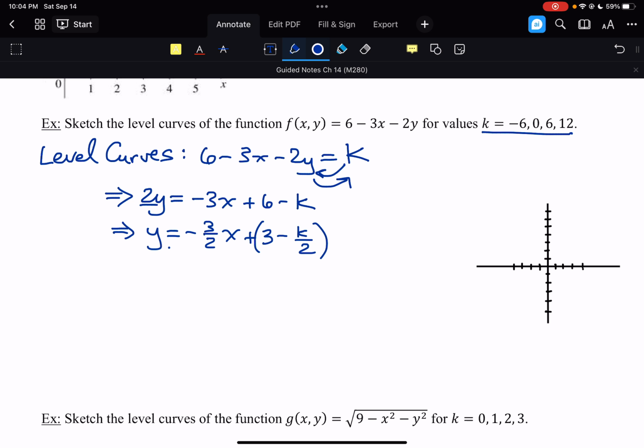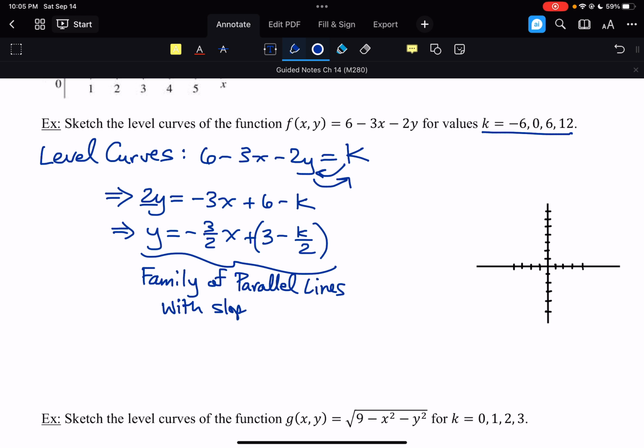Now, what the line is specifically depends on what this value of k is, right? So as k changes, we'll get different lines, but we know that we will get lines. So this is going to be a family of lines, okay, and they'll all be parallel because they all have the same slope. So let me actually say that here. So it's a family of parallel lines with slope m equals negative 3 over 2.